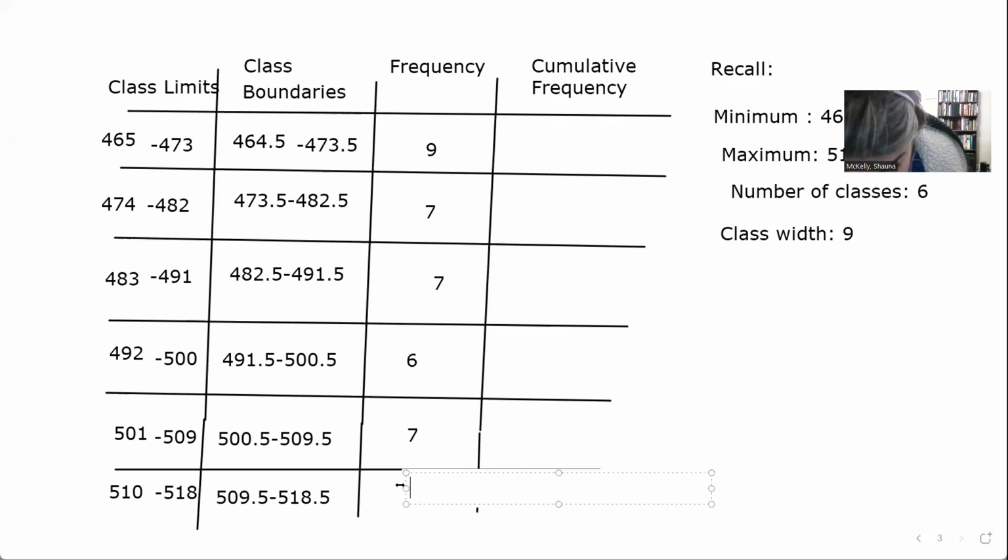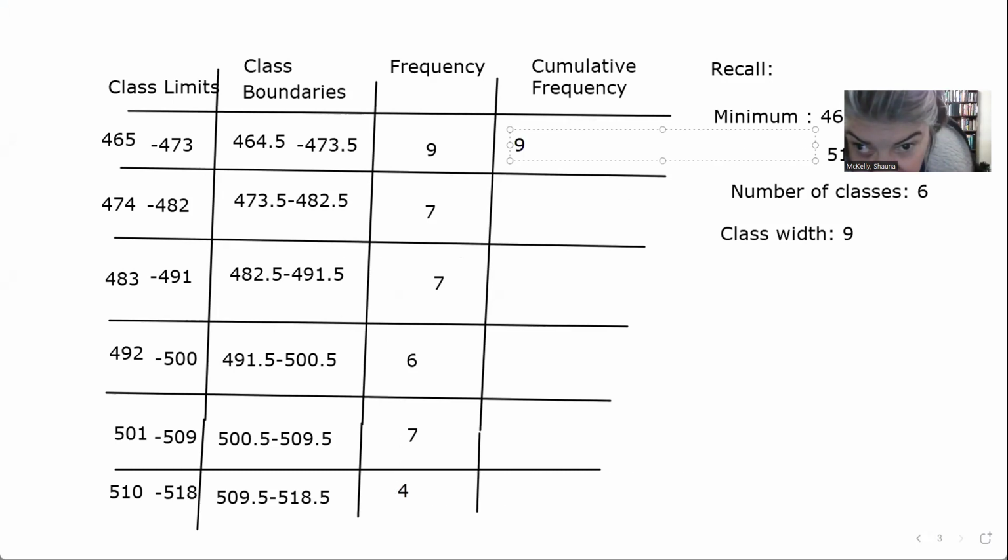Now, it's always a good idea to check your arithmetic. It's easy to miss a number. We're going to do that with the cumulative frequency. The first cumulative frequency always matches the first frequency on your list. So this is your freebie number. These two numbers will always match because that's how you start.